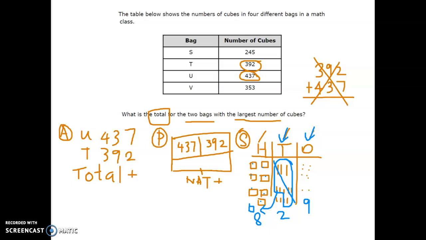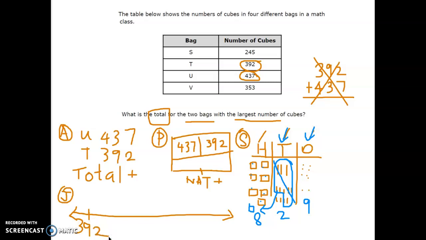To make sure we do the problem correctly and have the correct answer, we also justify our answers a different way. In this case, I'm going to show you how to use a number line to add. We start with 392.